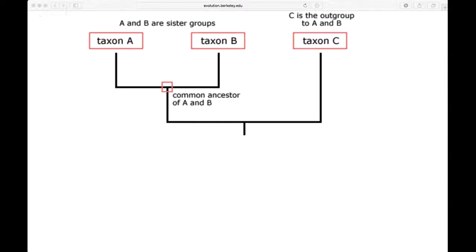So, for example, a werewolf and a vampire. Say you're a scientist classifying what a werewolf is, and you're trying to figure out different nodes on the phylogenetic tree to split your different characteristics.